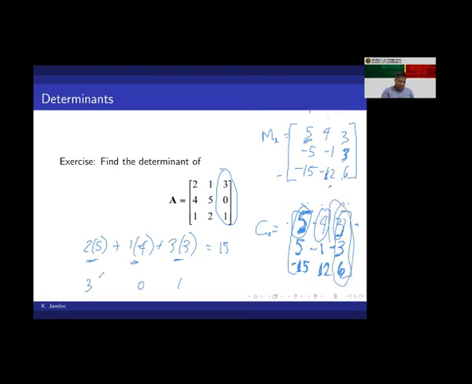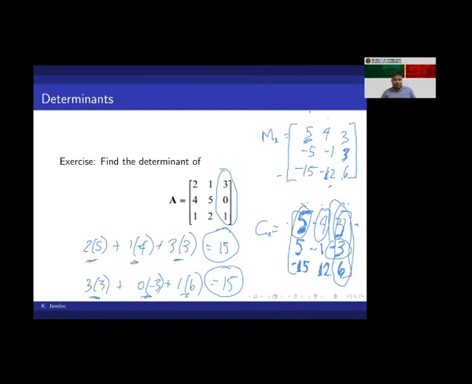Okay, so 3 times 3 plus 0 times, what's this one? Negative 3, plus 1 times 6. Now notice that if you do that, it's 9 plus 0 plus 6 is equal to 15. Okay? So notice that they have a common sum. I pick row 1 first, it gives me 15. I pick column 3, gives me 15. Now 15 is the determinant of this matrix.